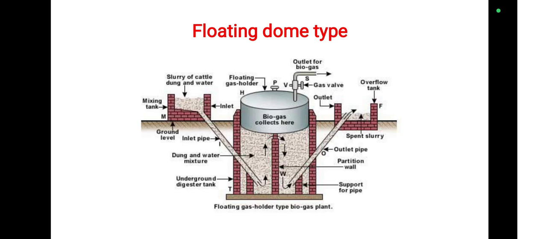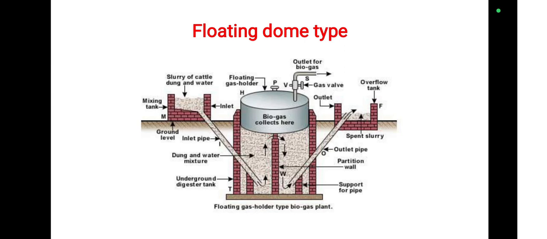Once the gas is produced, it accumulates in the gas holder, so the gas holder floats from the top level of the surface. From the gas holder, the biogas is taken through the gas valve and passes through the outlet where it is required. After the biogas, the manure is formed.